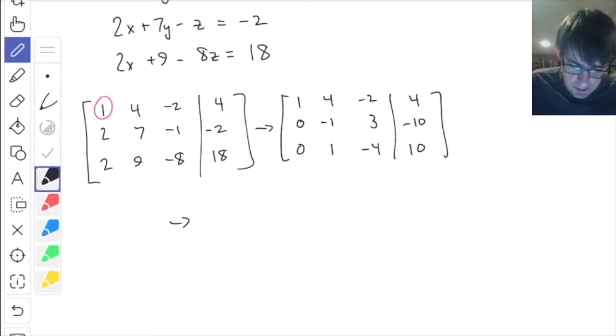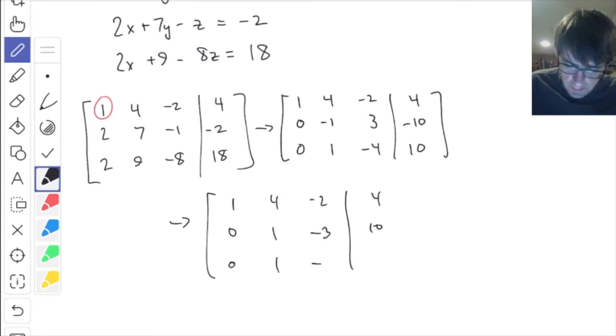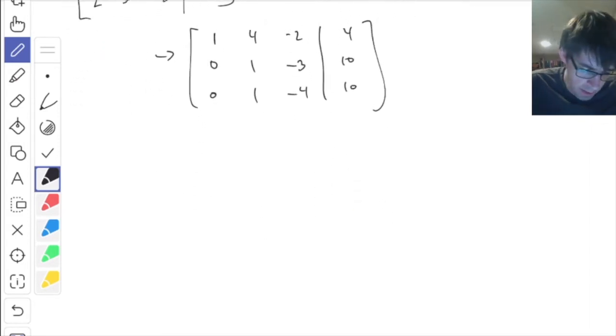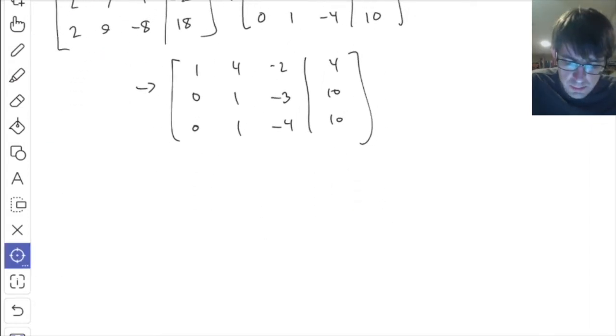So the next step would say 1, 4, minus 2, 4, 0, 1, minus 3, 10, like so, right? I multiplied through the middle row by -1. Okay, let's continue. My goal in the next step is to put 0 in this position where the 4 is, and also put a 0 in this position where the 1 is.